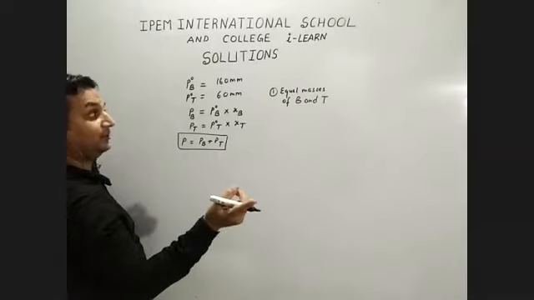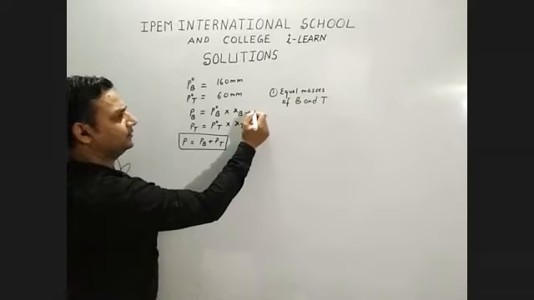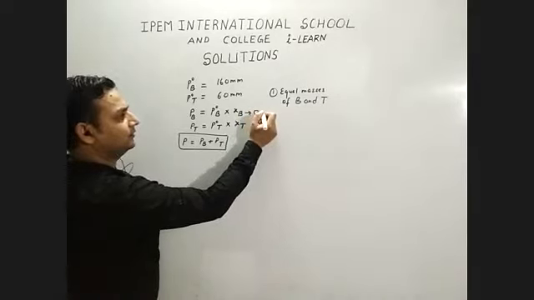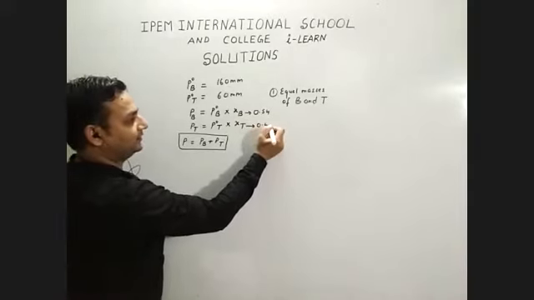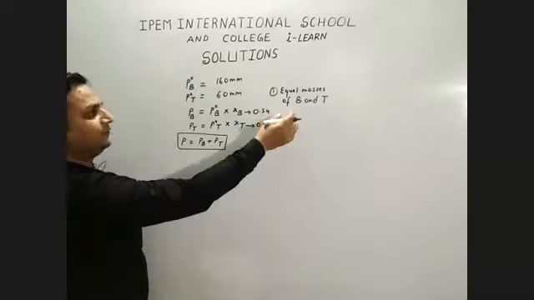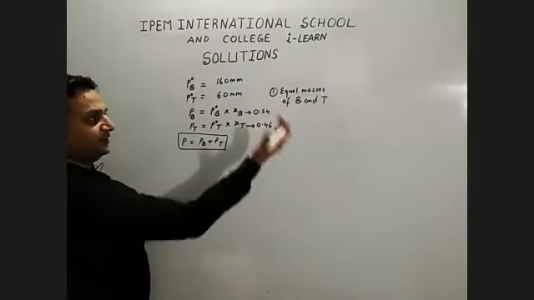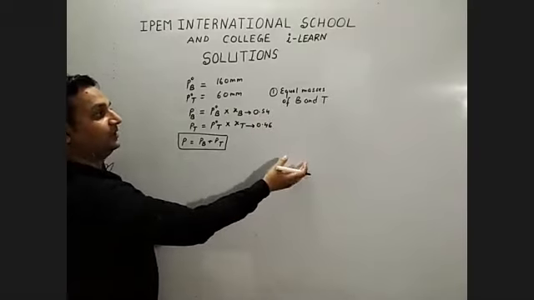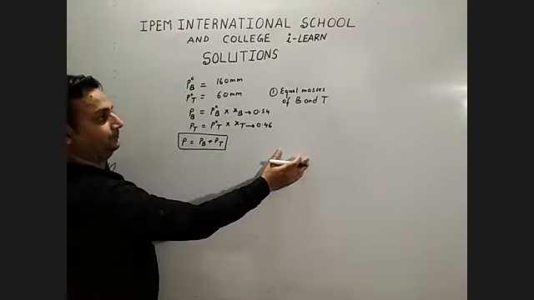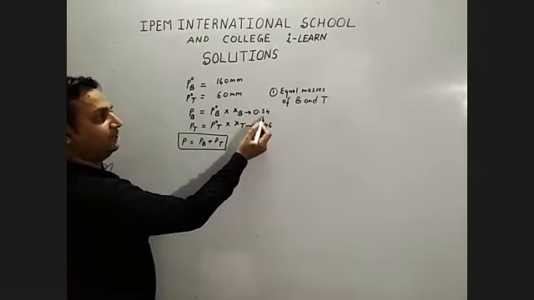Remember how much it was? XB was 0.54, and XT was 0.46. So everything for the first question will remain the same. Equal masses you will take, then you will find the number of moles, then their mole fractions.